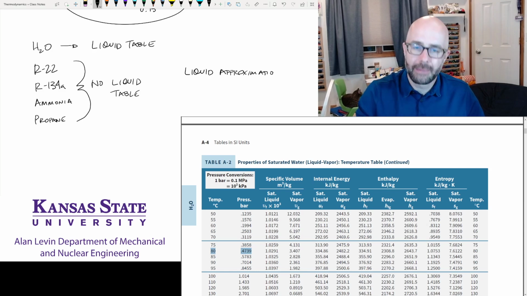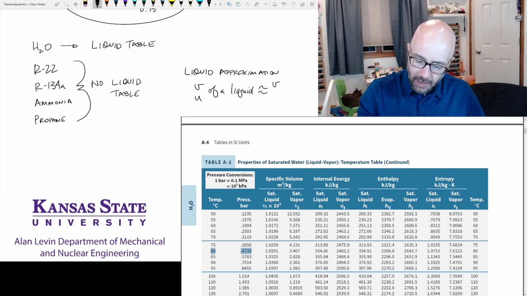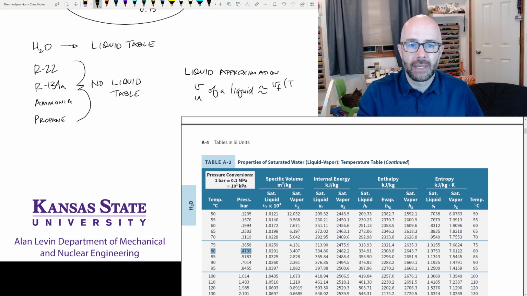The liquid approximation states that the specific volume or the internal energy, or whatever we're looking at, of a liquid is approximately equal to the specific volume or internal energy of the saturated liquid at the temperature that we have been given.